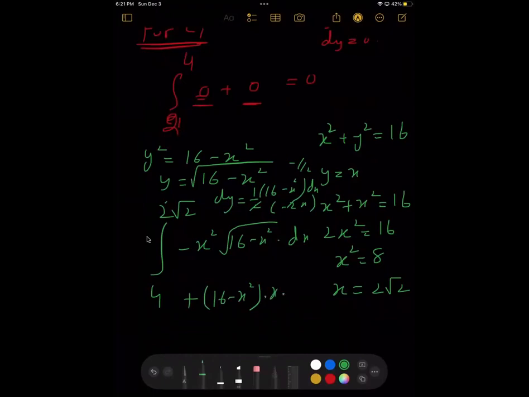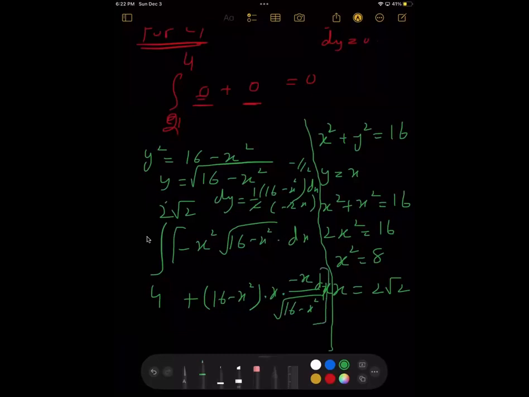So dy is minus x over the square root of 16 minus x square dx. Can you see what I have written here? So this is our term starting from here till here.